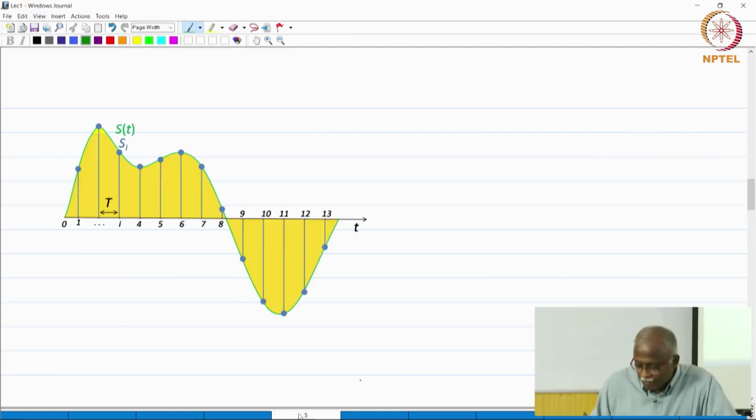Okay. Now, as a first step for us, the context is the notion of sampling. So, we have a continuous time signal, which is then sampled at regular intervals, called periodic sampling.